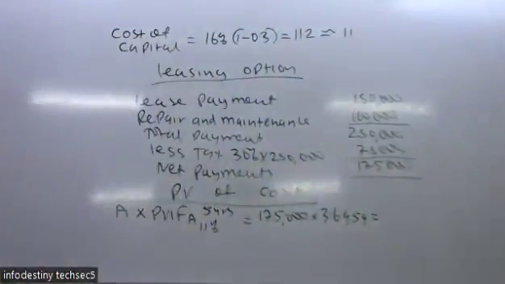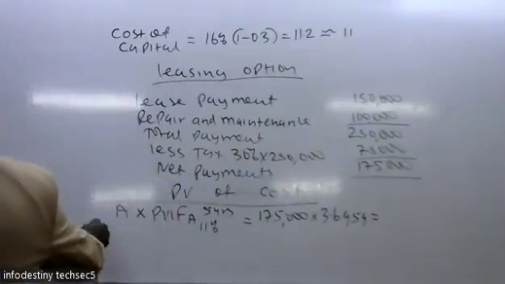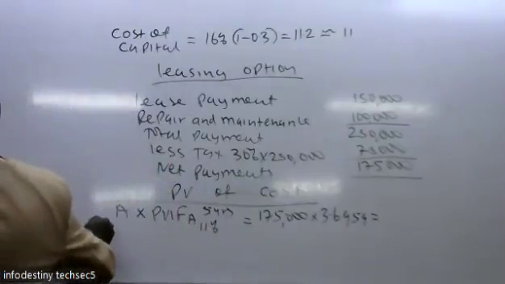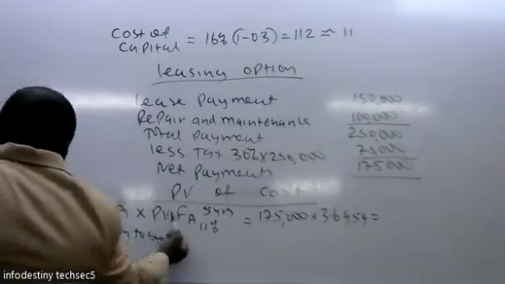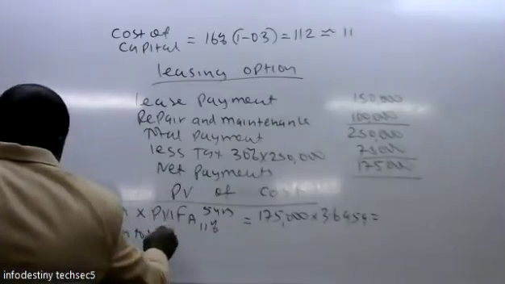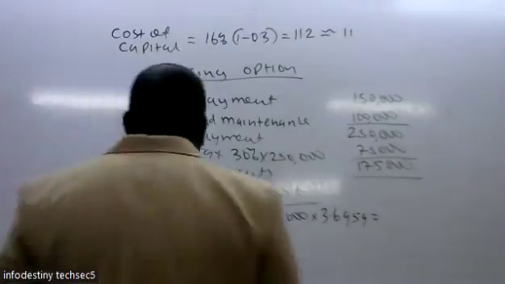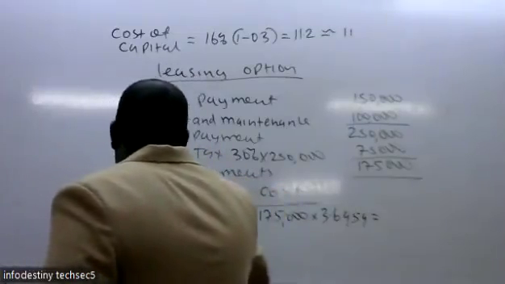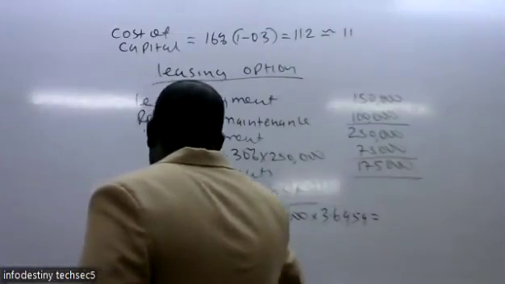It will be cheaper for you to buy because finally the asset will be yours. So we also include the option to buy. But this one we discount using the first table because it only occurs once. So present value interest factor 11% for 5 years.